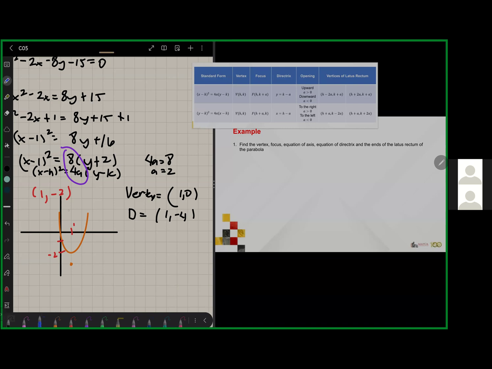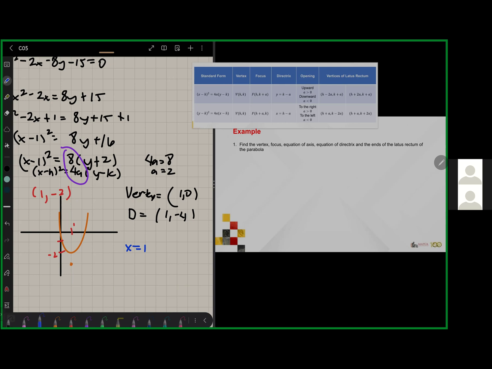So we have here, this is the half of our parabola. So therefore, the point at where it goes is at x is equal to 1. And this is the only point that it intersects. X is equal to 1. This is the equation of our axis. X is equal to 1.